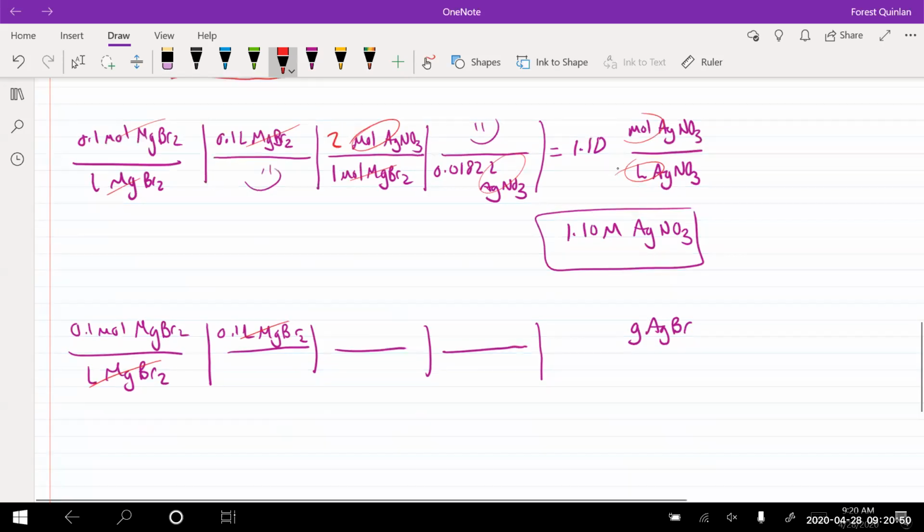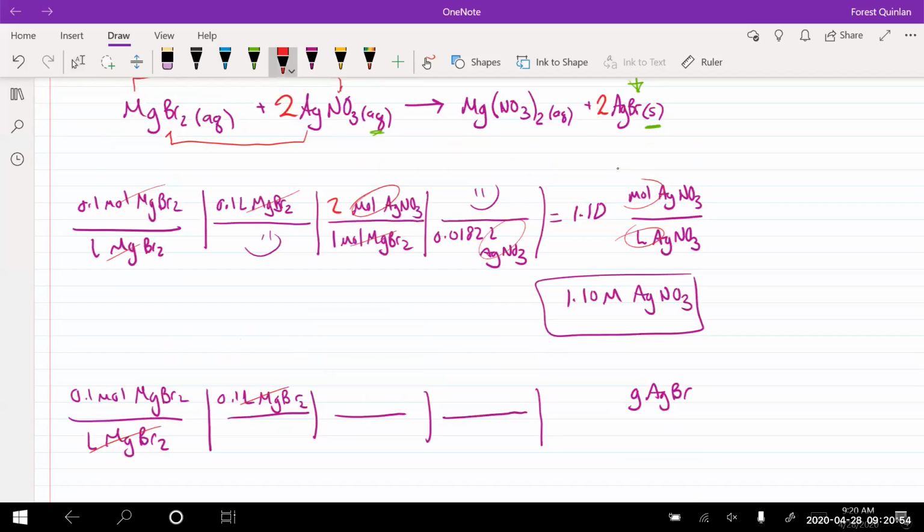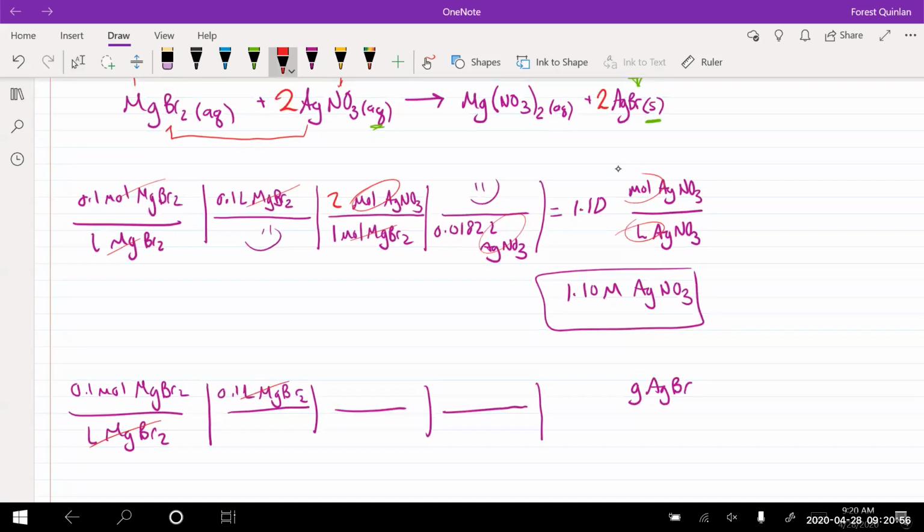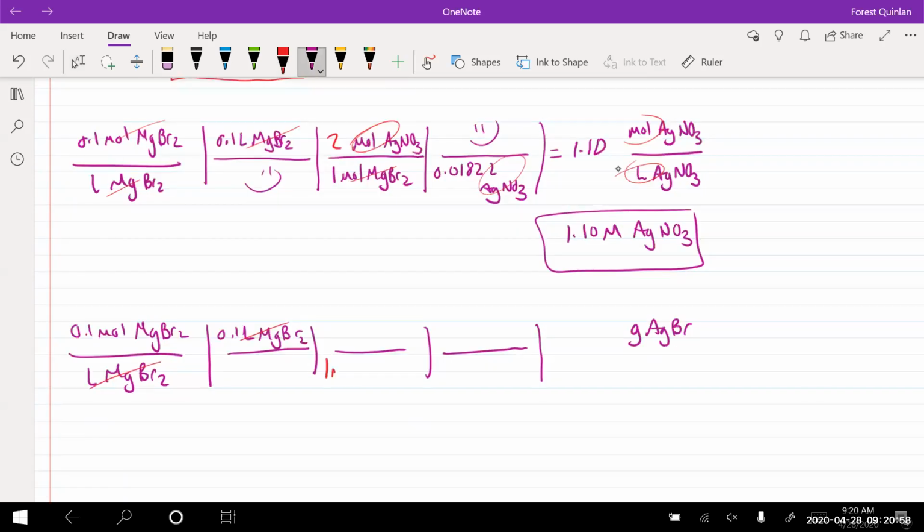So go back up there and we see 1 MgBr2 to 2 silver bromides. So I'll say 1 mole MgBr2 to 2 moles of AgBr.